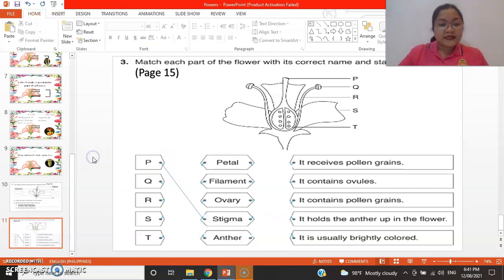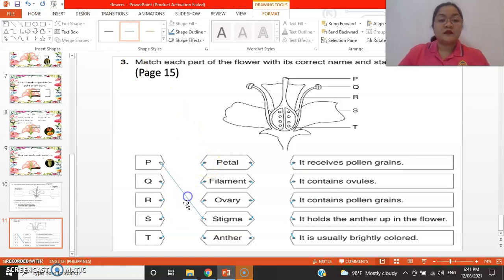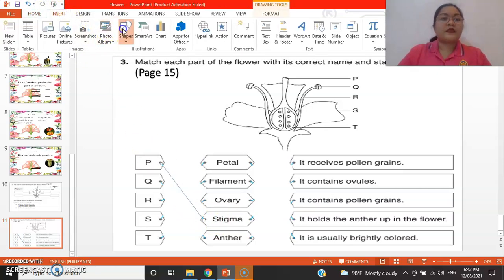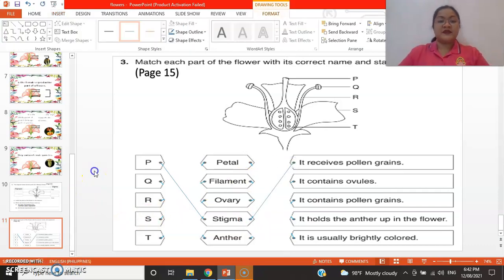So what does stigma do? Draw a line. Stigma receives pollen grains. Very good.